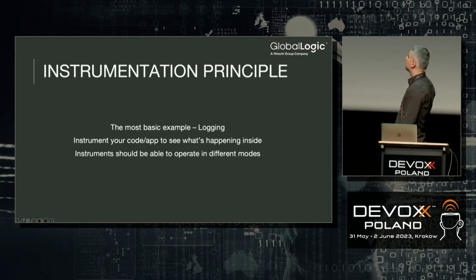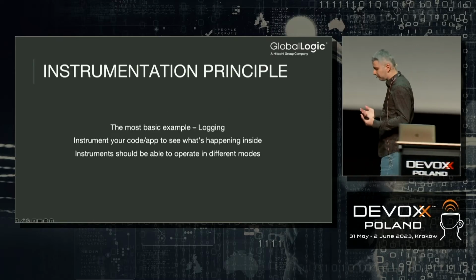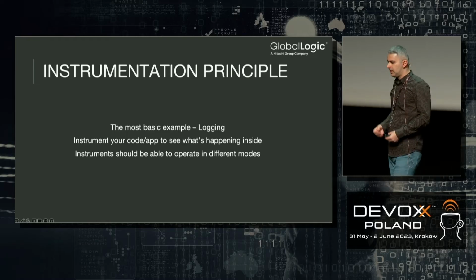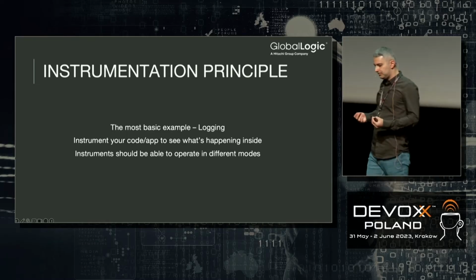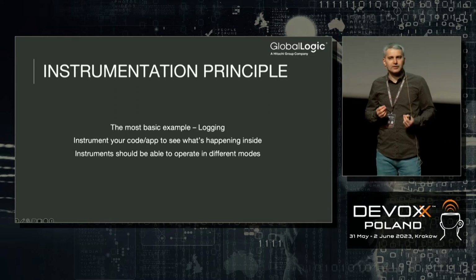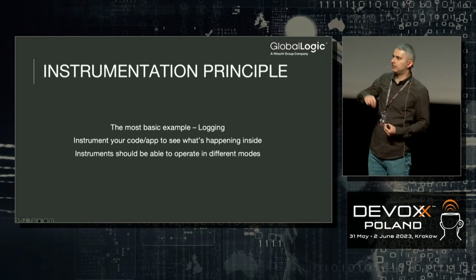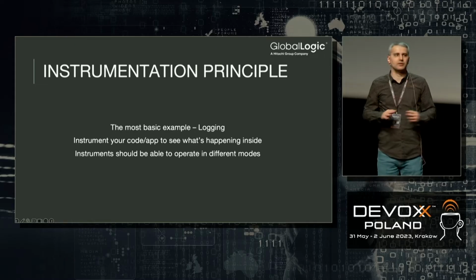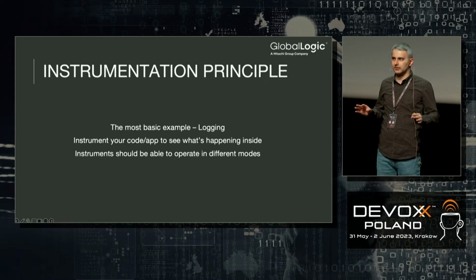What are these principles? First of all, instrumentation principle. A good example, logging. You have to instrument your system with some piece of code that can give you access to see what's happening inside. Logging is a good example, but not the only one. We're using it automatically. But logging is just one technique.